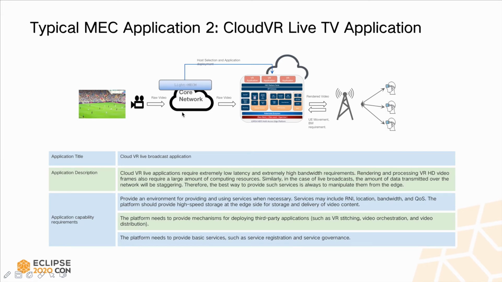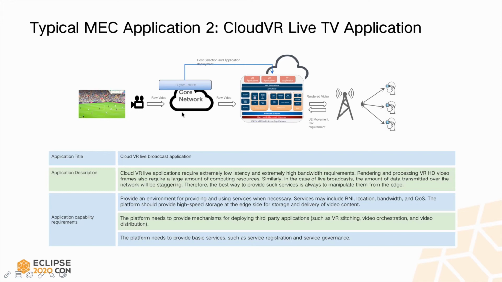Similar to the above scenario, the capabilities required for this scenario are in three parts. One is the 5G network capabilities, almost the same as the first scenario. It includes radio network information, location, dynamic bandwidth. It also requires QoS.